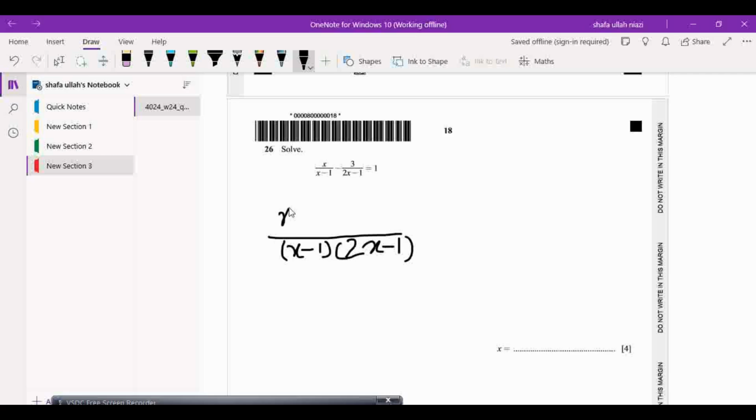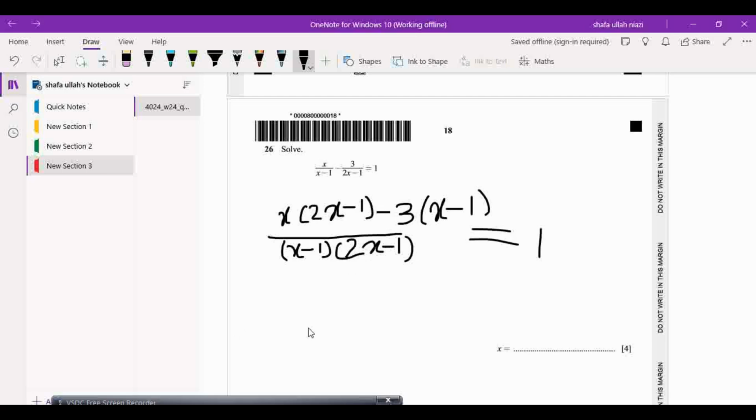So we write x into 2x minus 1 minus 3 into x minus 1. So they should be equal to 1.